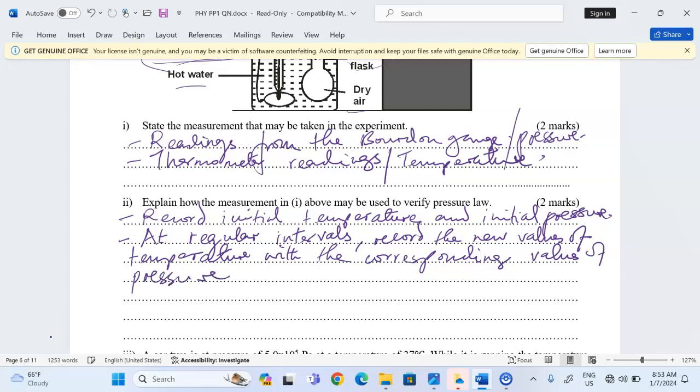You record a temperature value and you relate it with the new value of pressure.